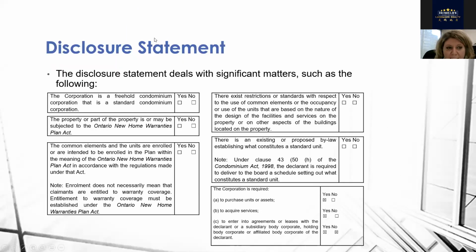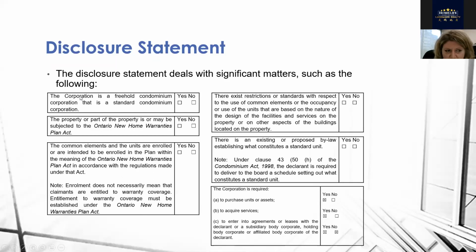Then, this is the disclosure statement, and they are obliged to introduce it in the package. There are rules of law, and the disclosure statement will deal with these. These are not all of the disclosure statement, but the most important that you will find in the purchase package.